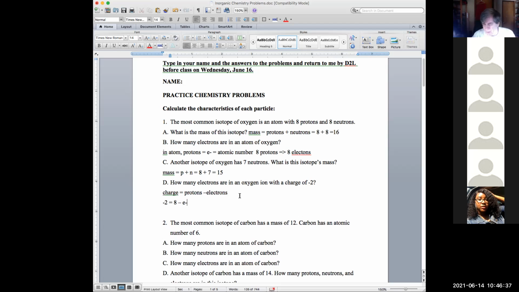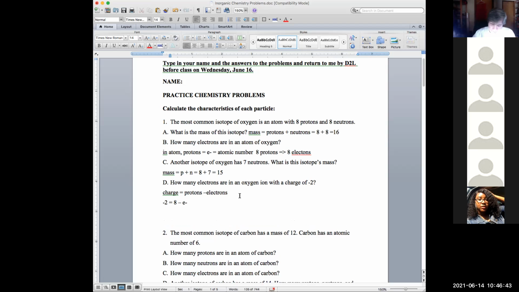So what can we subtract from 8 to give us -2? In this case, it must mean that there's 10 electrons, because 8 minus 10 is -2.